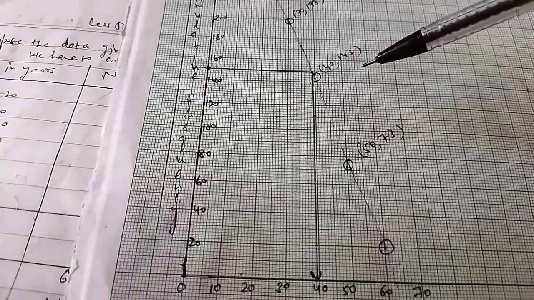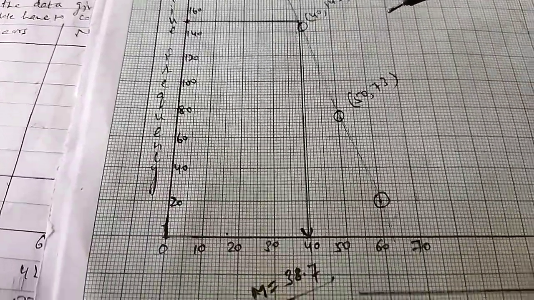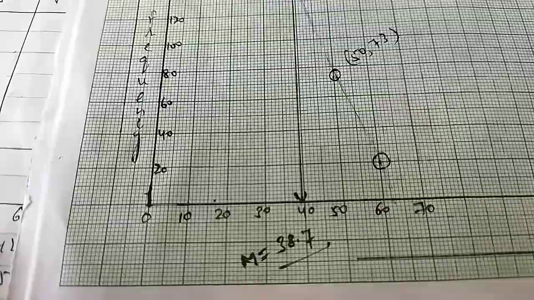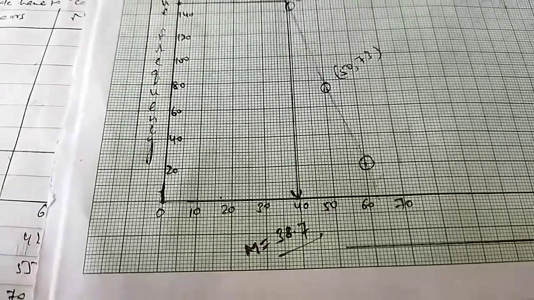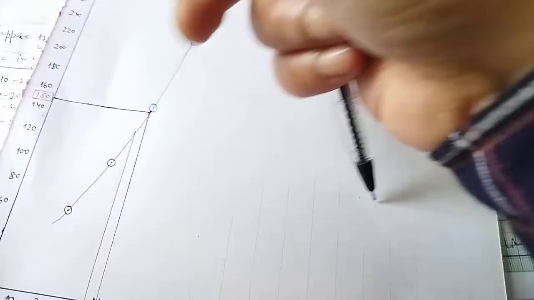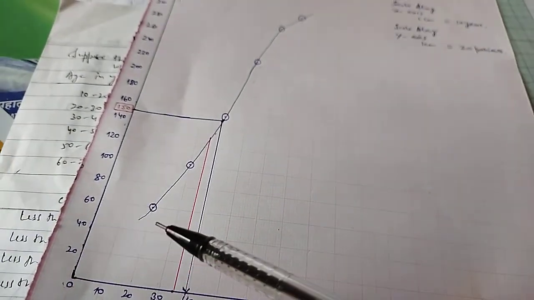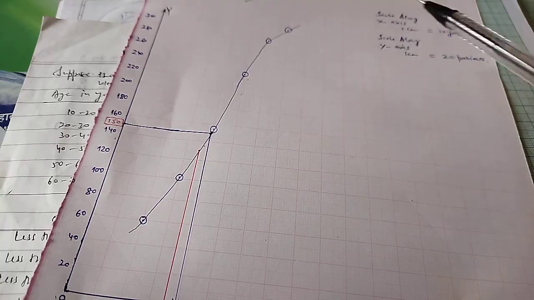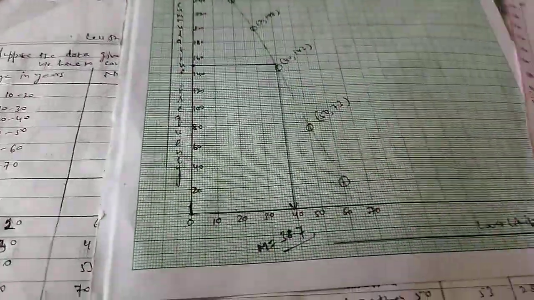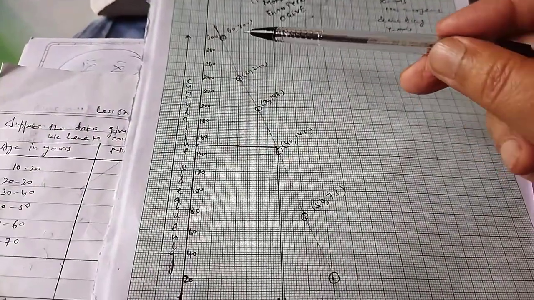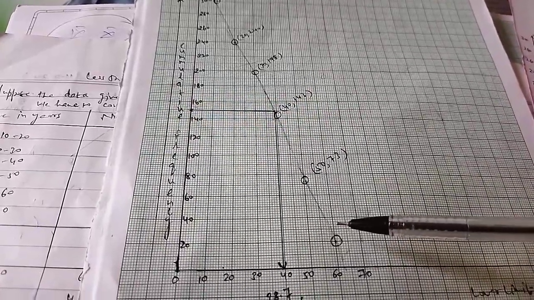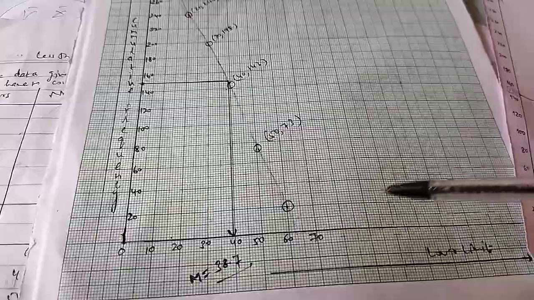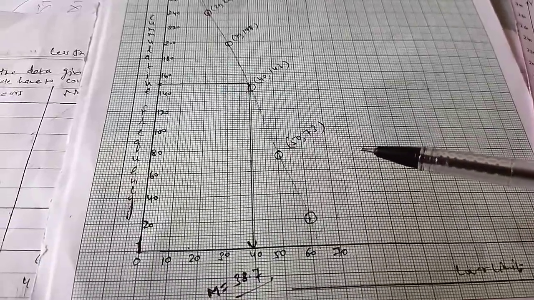So graphically there are two ways in your syllabus to find the median. One is your less than type. In less than type your ogive will be going from the lower end to the upper end. This is your less than type. And this is your more than type ogive. Then you can calculate the median by using these two graphs.